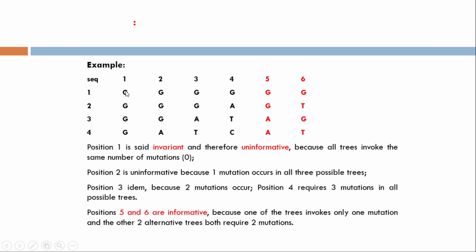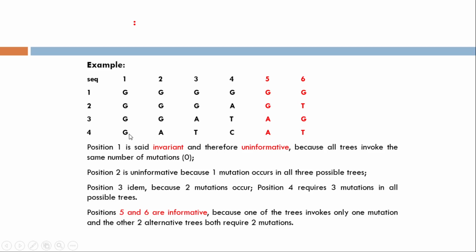To be called an informative site, there should be at least two types of bases present in the column. At least two types. If it is more than that, there is no problem. So here you can see that in column number one, only one type of base is there. Only G is there. So obviously it is not an informative site.